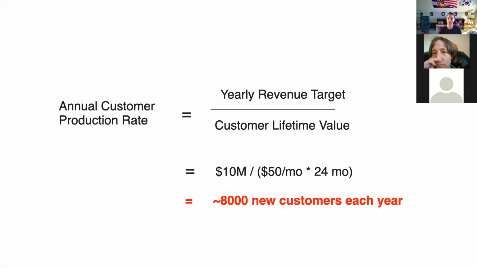This obviously requires you to think, what's the customer lifetime value of one of my customers? Ballpark it for now.